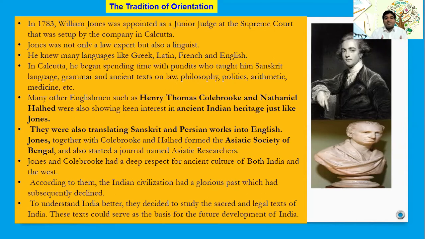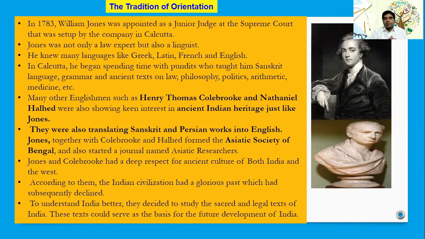They translated the Sanskrit and Persian works, which tell us about the ancient Indian heritage, into the English language, and formed the Asiatic Society of Bengal and started to publish journals named Asiatic Researches.